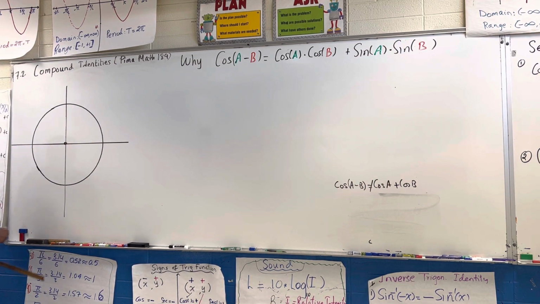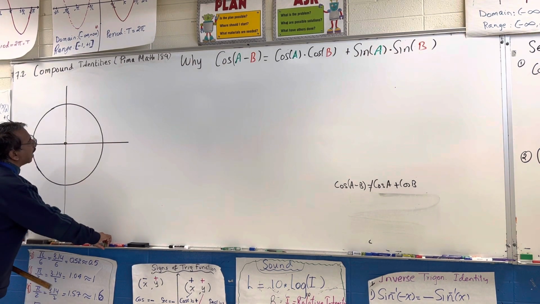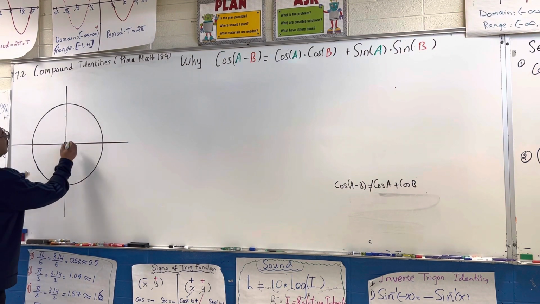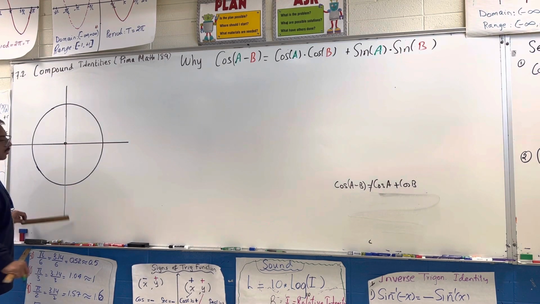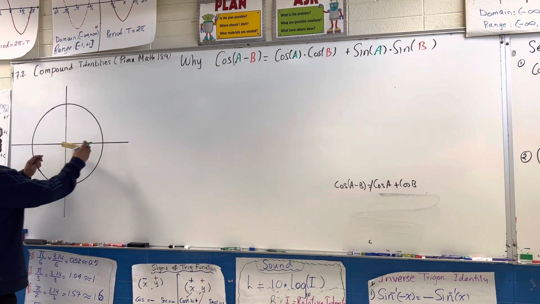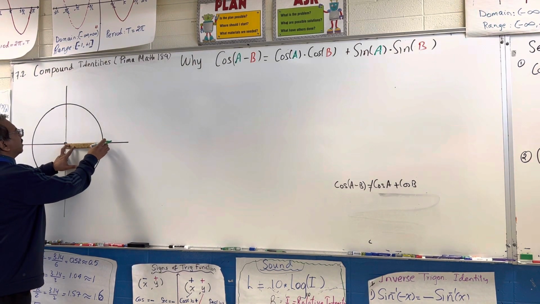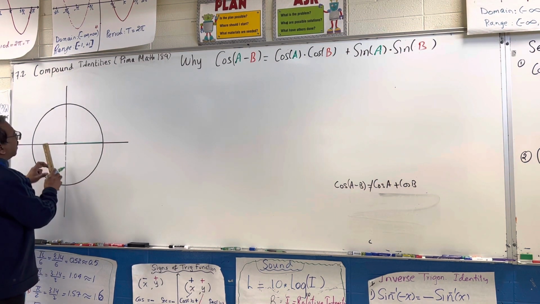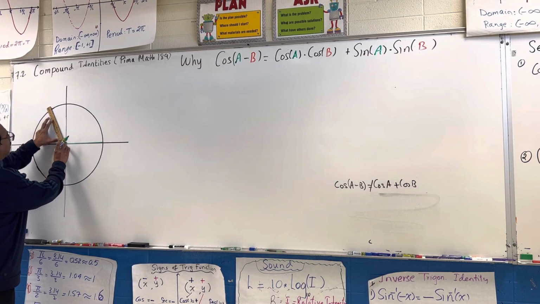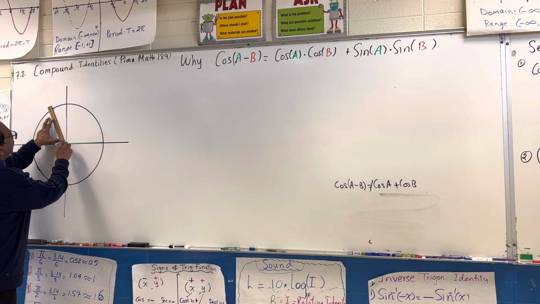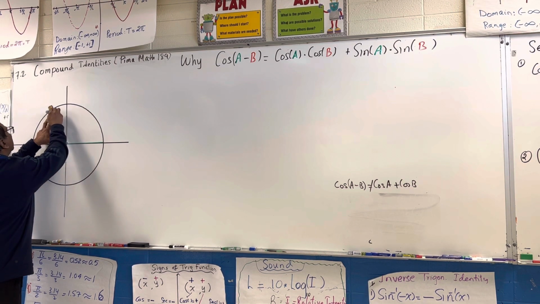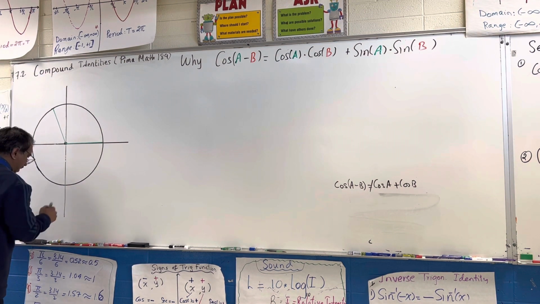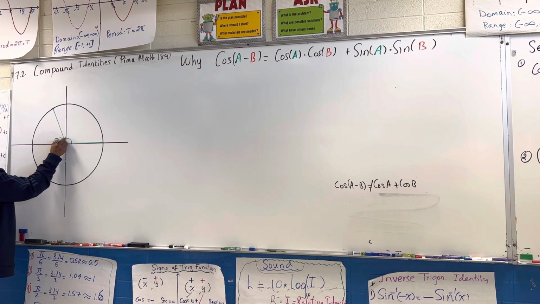Okay, so I'm going to use the green color for the angle, angle A. I take the angle A in such a way that the initial side is along the x-axis, and maybe this is an angle a little more than 90. So this angle is A. Got it?